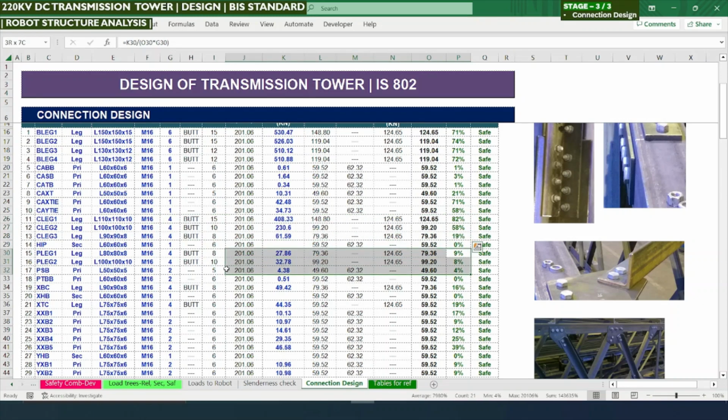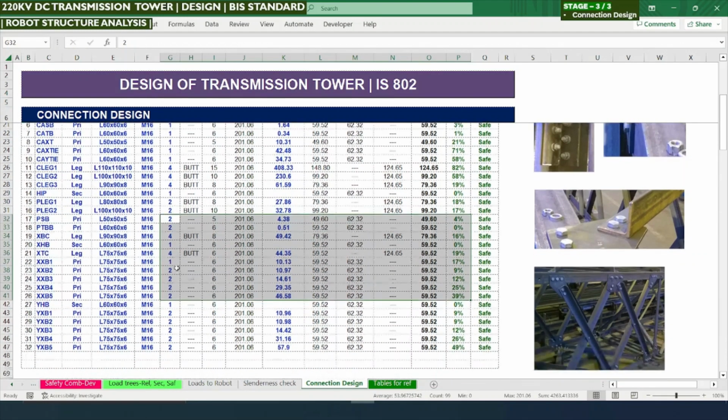For this leg member we should always have at least 2 bolts. So this is the peak level leg, and here the bracings are also having less than 50%, so we can have one bolt. Again this is a leg member, so we can have 2.